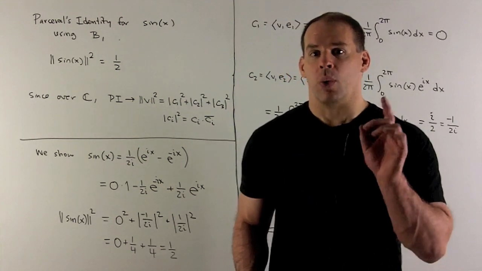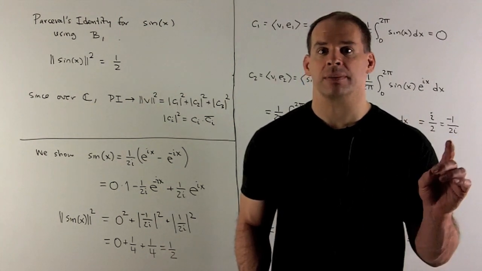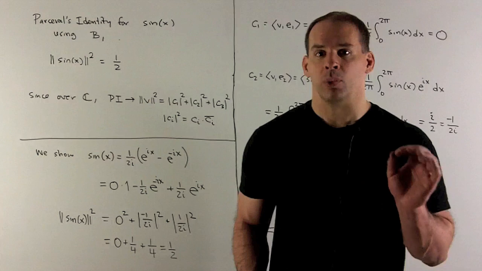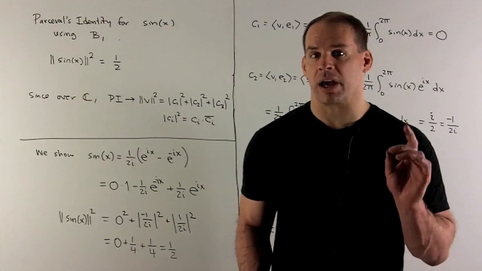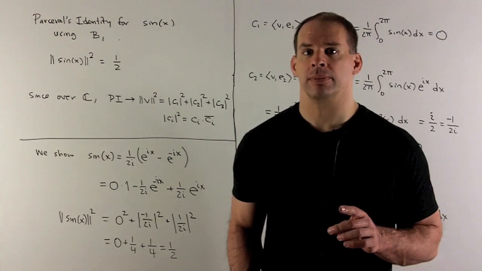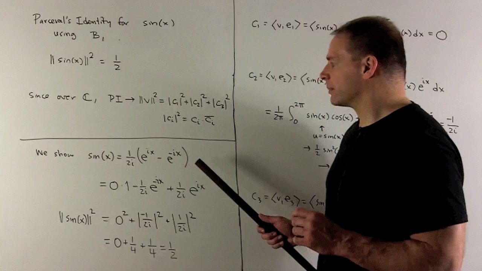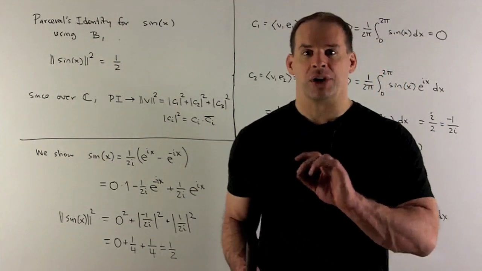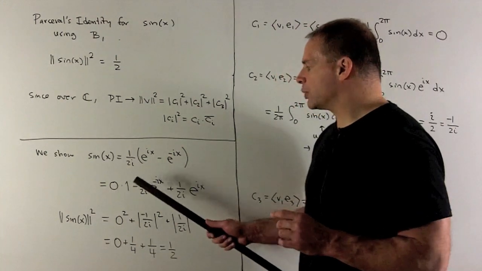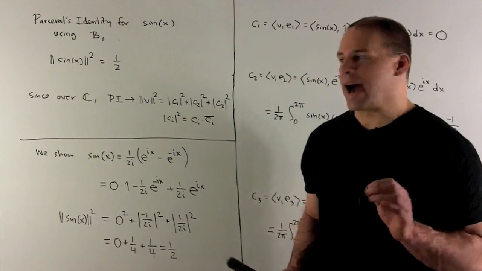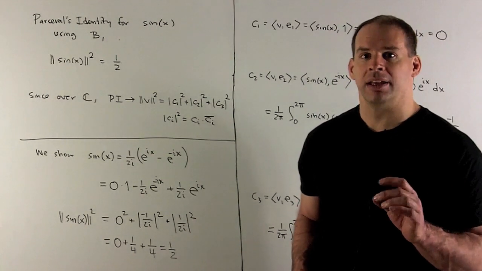That's going to be 1/2 times e to the ix plus e to the minus ix. So once you know that, we have that B1 and B2 are going to have the same spans over the complex numbers. Now, because we can write sine x like this, we can put it in linear combination form over B1. So that's going to be 0 times 1 minus 1 over 2i e to the minus ix plus 1 over 2i e to the ix.